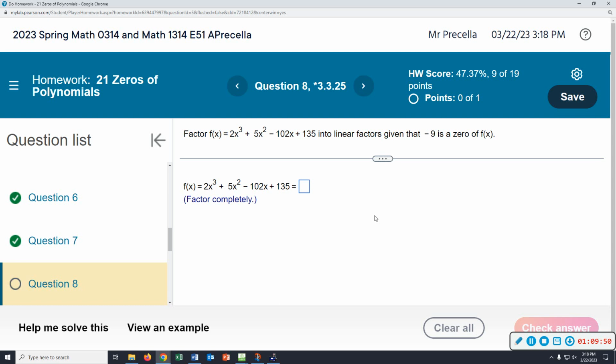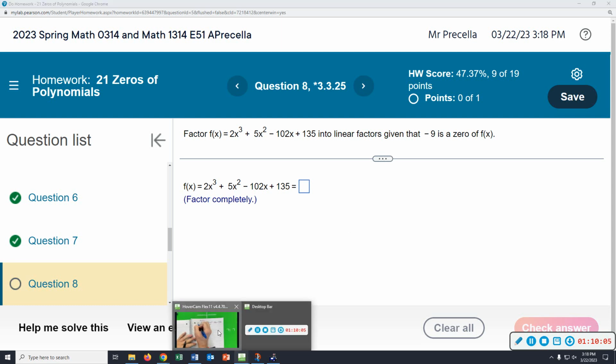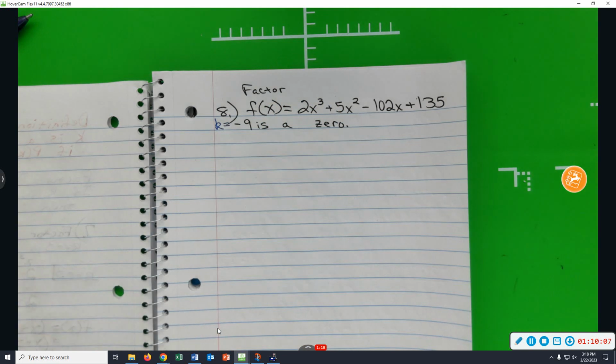And they tell us that negative 9 is a 0. Since negative 9 is the 0, we know that's going to be our k value. K is equal to negative 9.